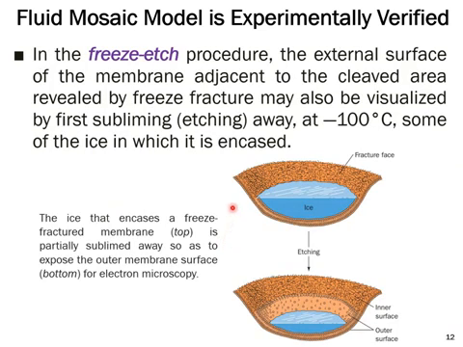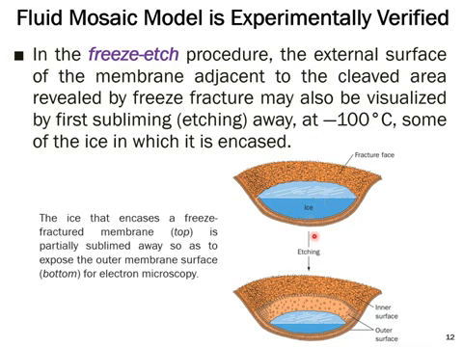In the other procedure, the freeze etch procedure, the external surface of the membrane adjacent to the cleaved area revealed by freeze fracture may also be visualized by first subliming, or etching away, some of the ice in which it is encased at -100 degrees centigrade. You know that the sample was frozen, and we fractured the membrane and studied one side by making its metallic replica.